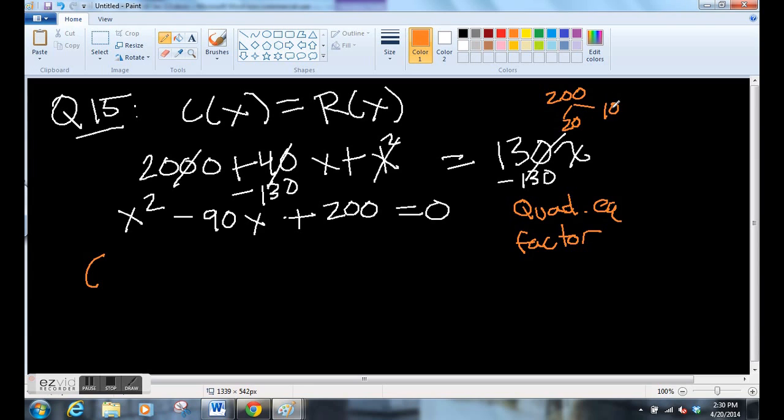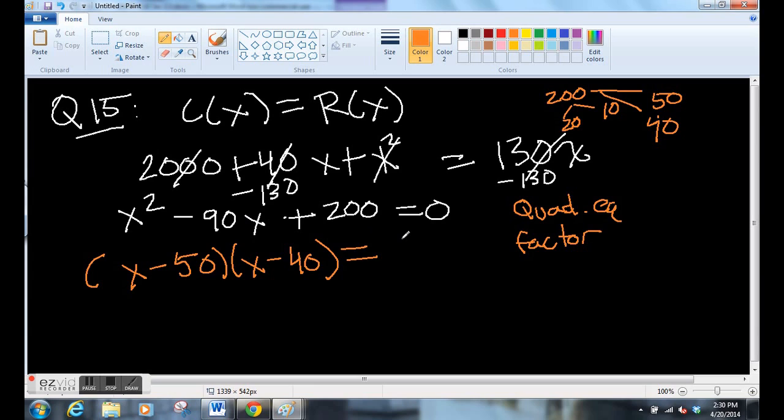We want 90. How about 50 and 40? 50 times 40 is 2,000, and when you subtract them, x minus 50, x minus 40, you get the negative 90x term.